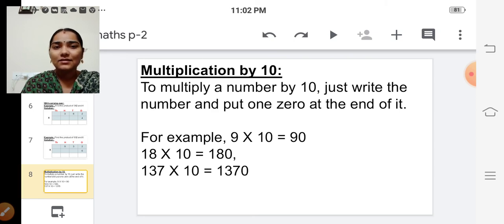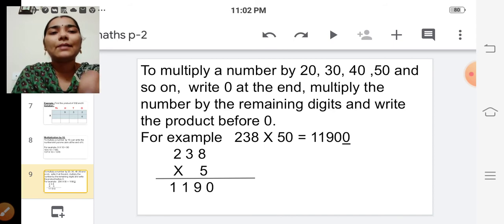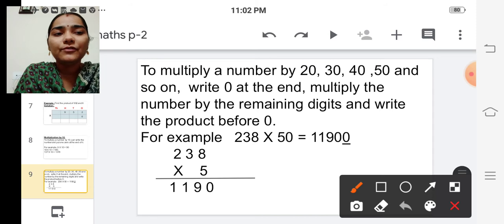Yes. The next one. To multiply a number by 20, 30, 40, 50 and so on, write 0 at the end. Multiply the number by the remaining digits and write the product before 0. See the example. 238 into 50.